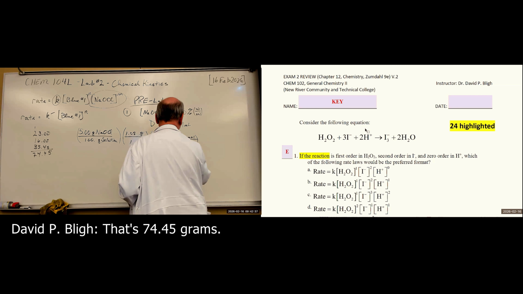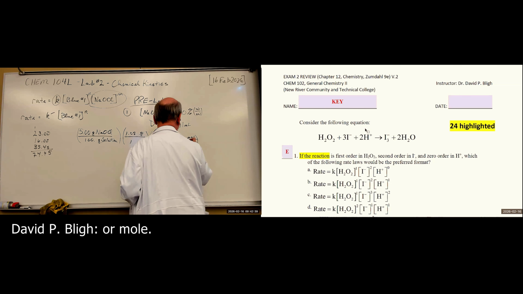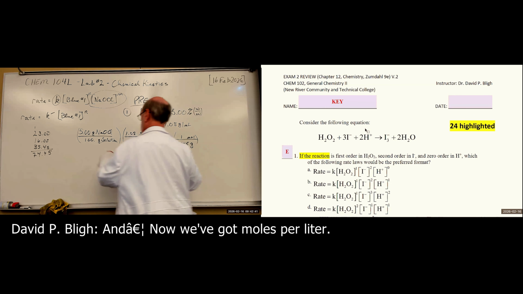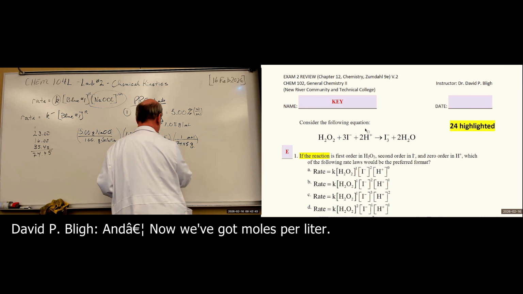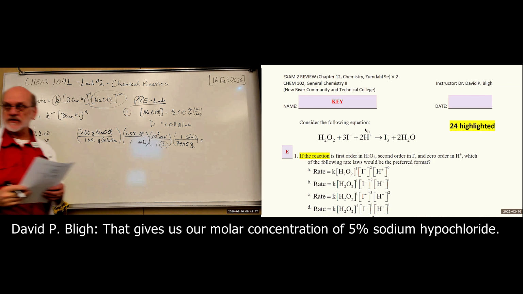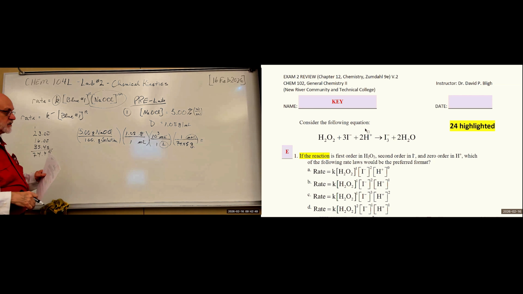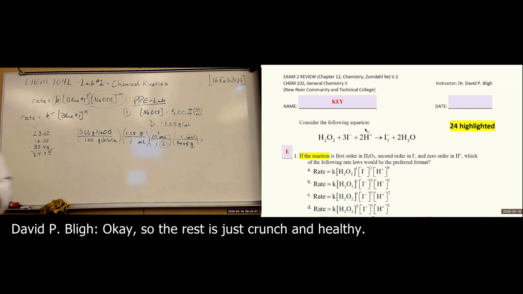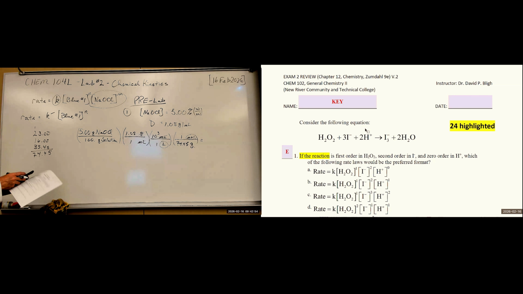That's 74.45 grams per mole. And now we've got moles per liter. That gives us our molar concentration of 5% sodium hypochlorite. Okay, so the rest is just crunching numbers.